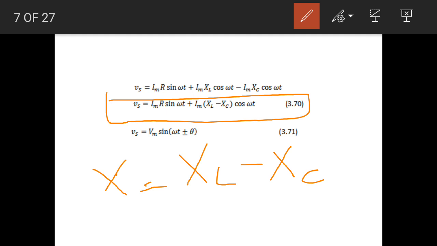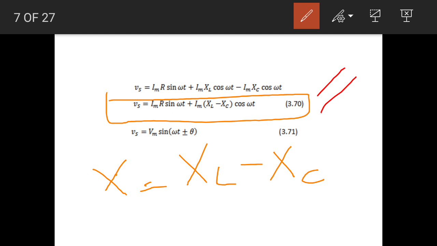We can find out the voltage across the source with the help of this particular equation. We can put the value of the time on the right hand side of this equation, and we can find out this voltage at any point of time.